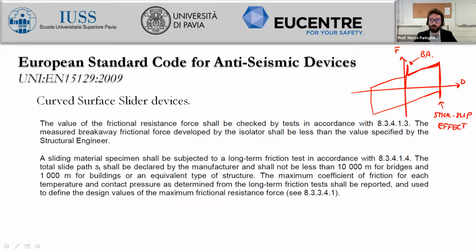The stick slip occurs whenever you change direction, once the motion has actually started. So they are slightly different, and they could be modeled in different ways, because they are related to different aspects.